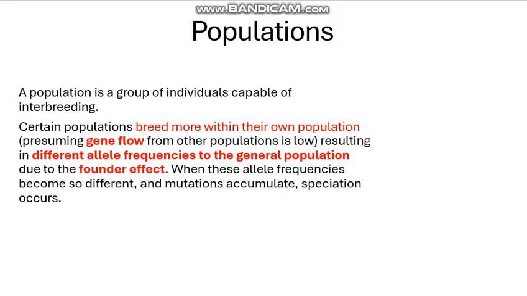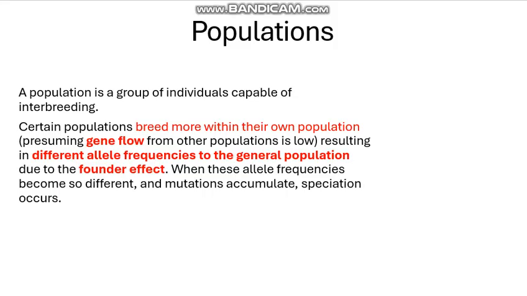The frequency of alleles in this small isolated population is likely to be different than in the general population, because the alleles present in the founders are going to become more common, basically.